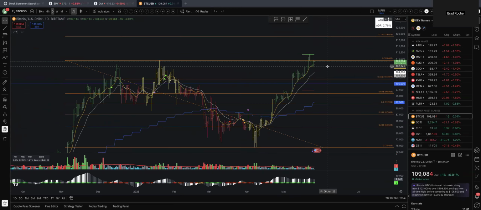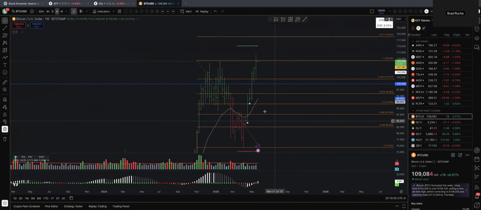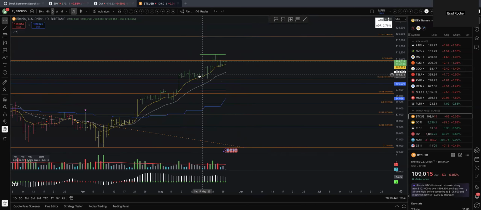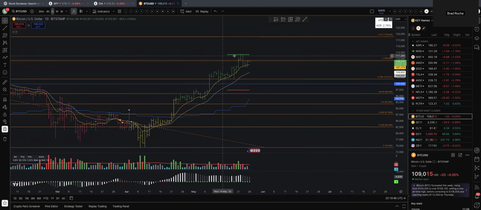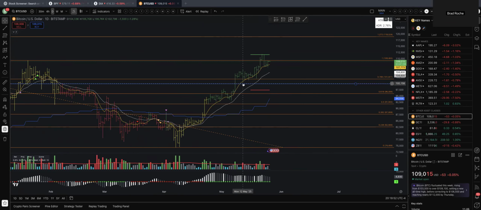So for our Bitcoin position, we got in off this weekly signal right here. We've been in since about 93,000, and we just took off half of our position, a little more than that, at all-time highs. And we also bought calls here on Bitcoin for the move into all-time highs. So nice trade there. For this one, I'm just continuing to trail with the 9 EMA.